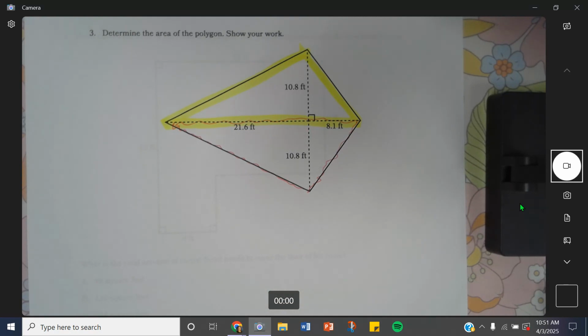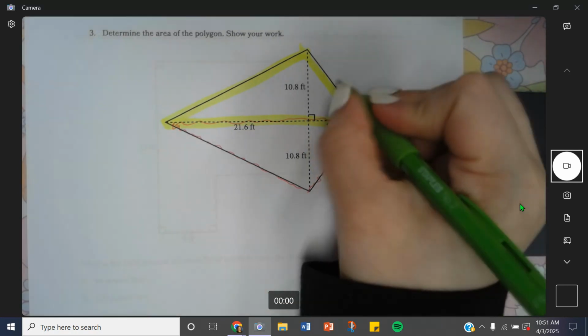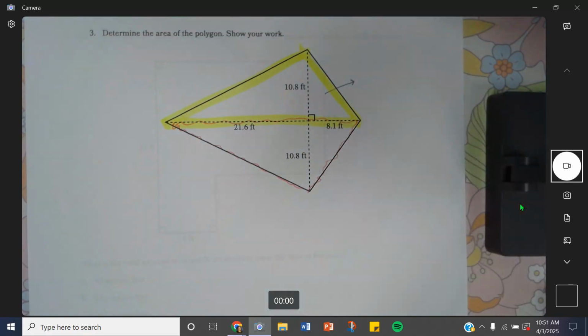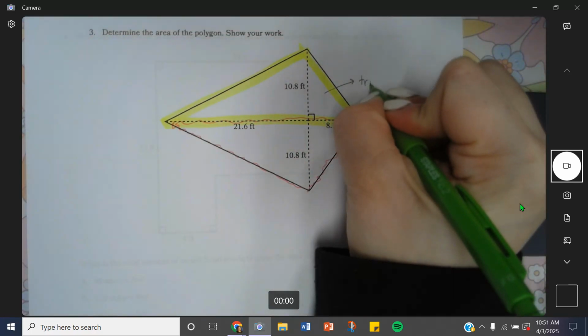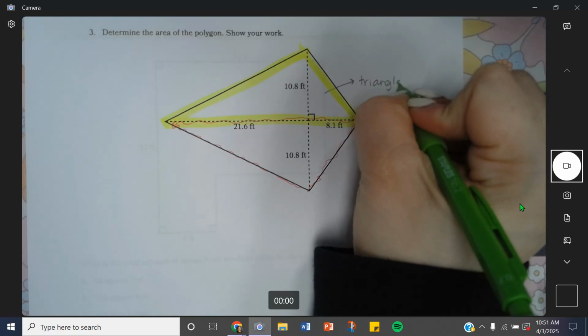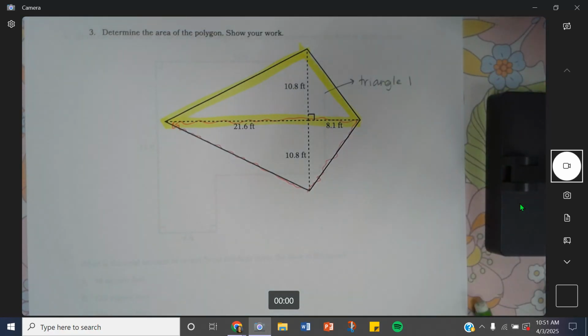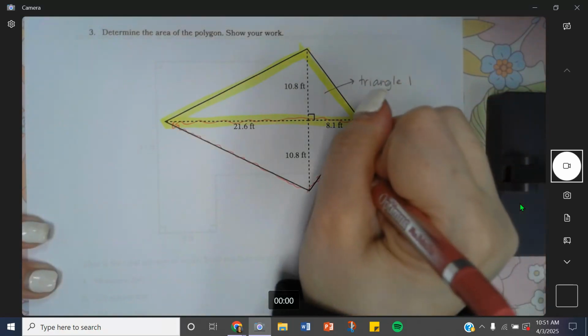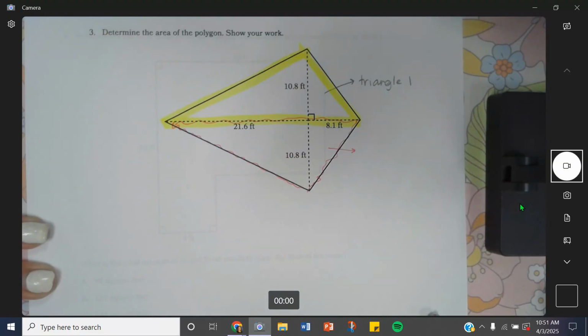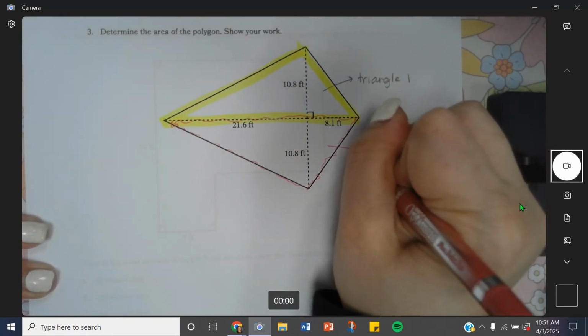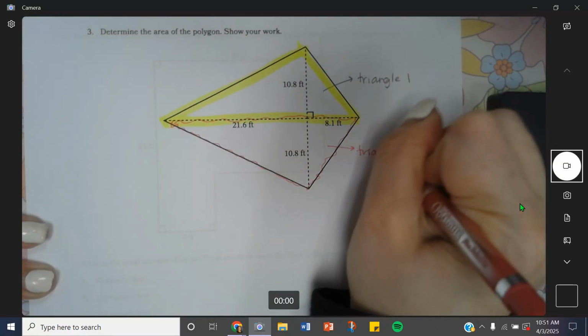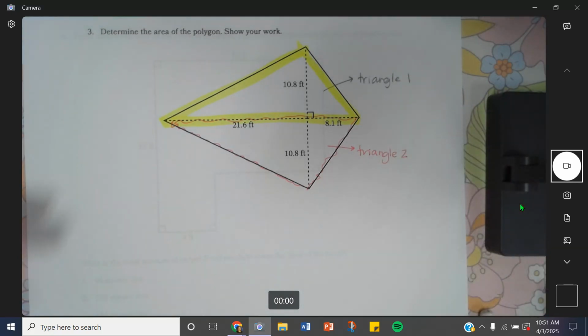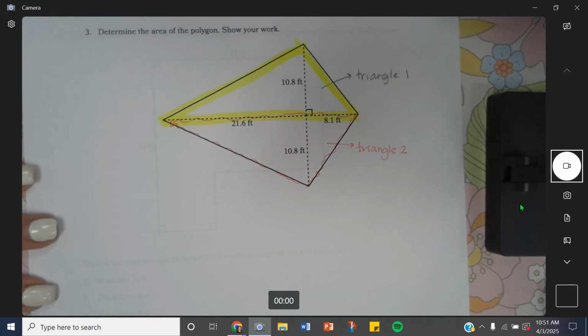Okay, so let's label this top triangle the yellow triangle, triangle 1, and then let's label our salmon triangle, triangle 2. So we're going to find the area of both of those triangles and then combine them.